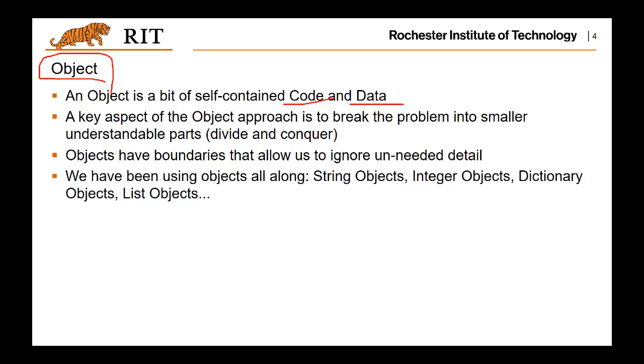On the other hand, object B only cares about some of the useful code and data to achieve that specific task. All other things will be ignored by each other. So that's the beauty of the object.